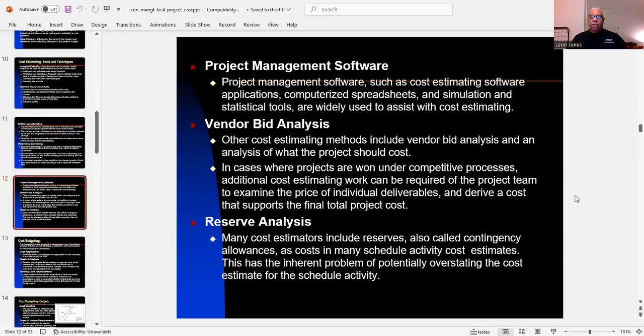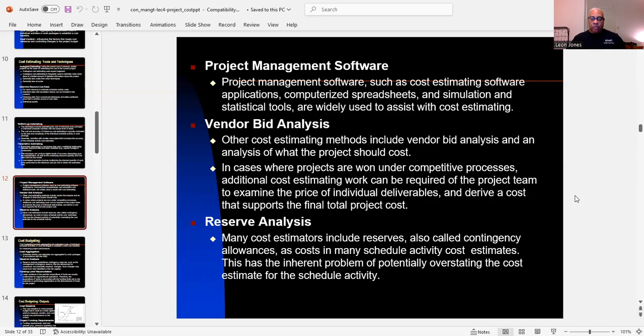Now, in cases where projects are won under competitive processes, additional cost estimating work can be required of the project team to examine the cost of individual deliverables and derive a cost that supports the final total project cost.